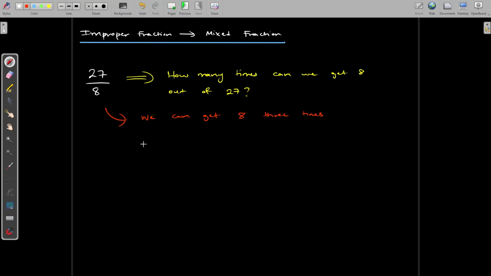But if we say 8 times 3, that's not 27, that's 24. So what do we do with the remainder? Put it as the numerator. So it'll be 3 and 3 over 8.